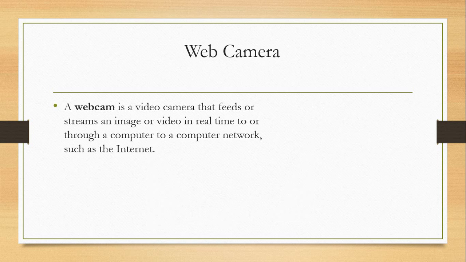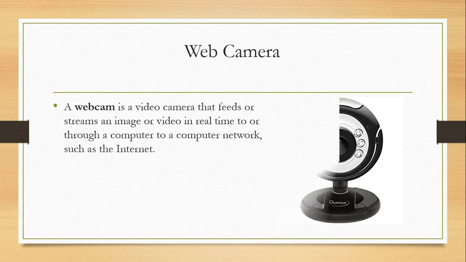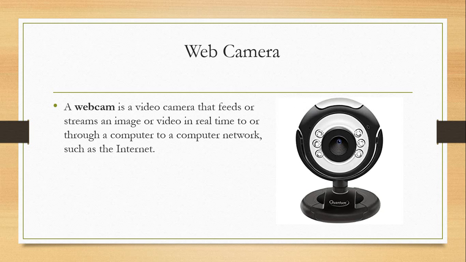Now we have the webcam. A webcam is a video camera that streams an image or video in real time to or through a computer to a computer network such as the internet. You've seen this in your school, workplaces, or even in your house.